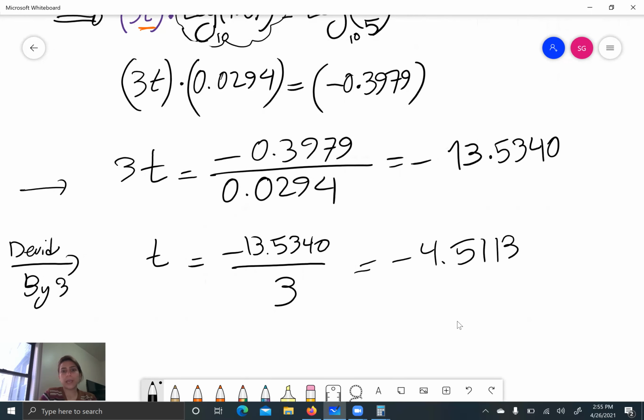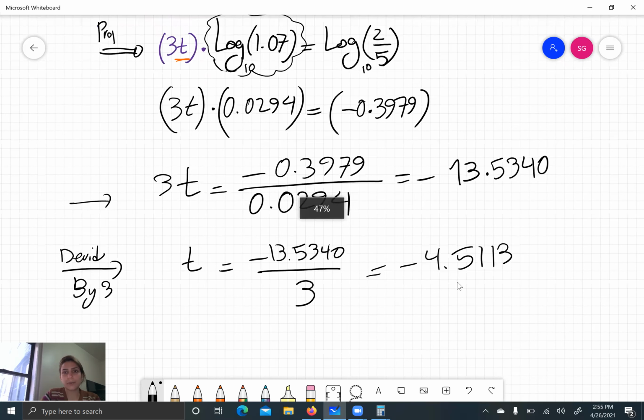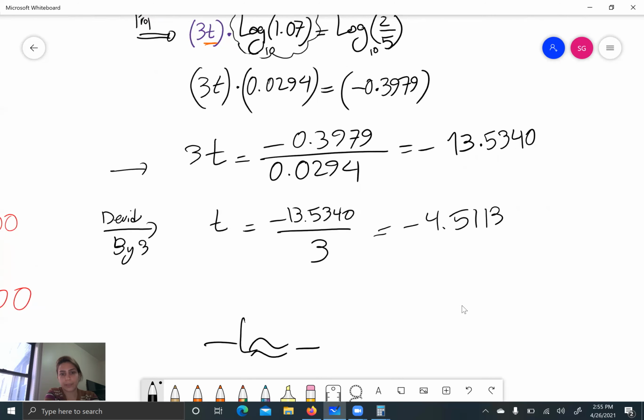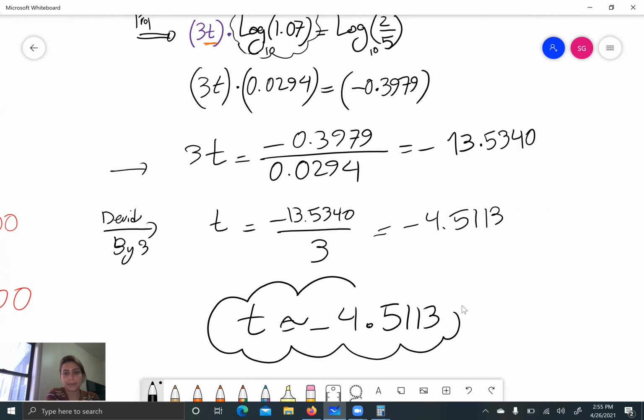So that's it. And recall that because we rounded to 4 decimals, this is not the exact value because we rounded. So t is almost negative 4.5113. So it depends on the rounding.